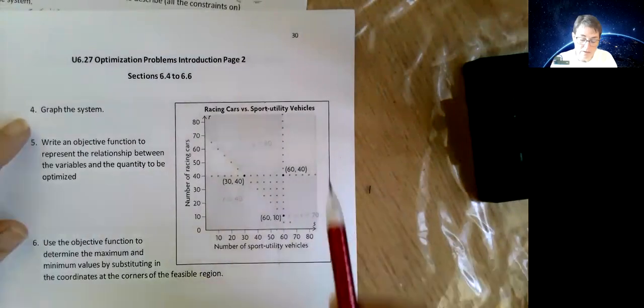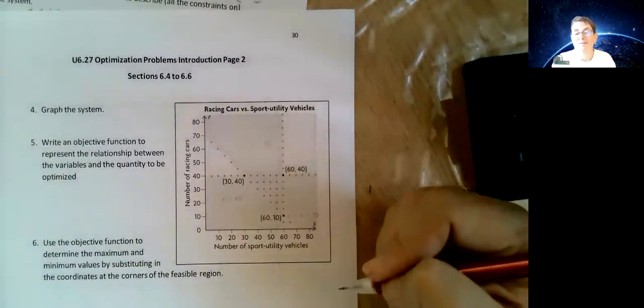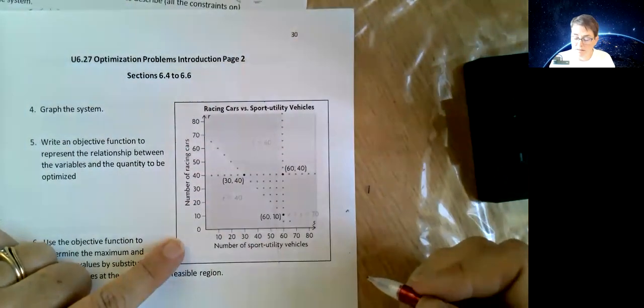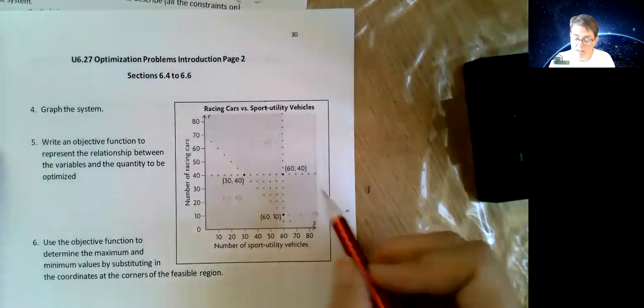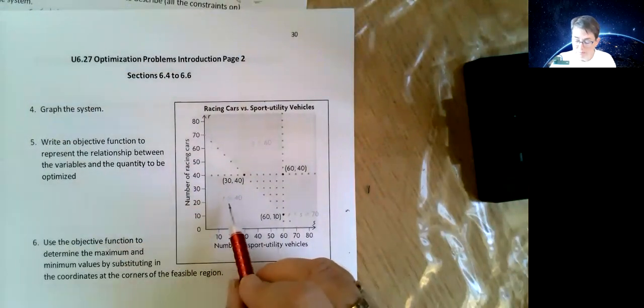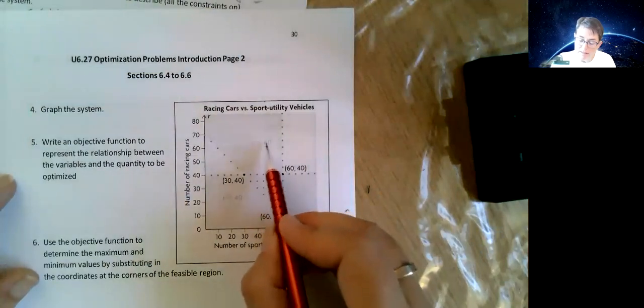Okay, so here we've got, and this was nice, I stole it from the textbook. This is your SUVs across here. This is your number of racing cars. And you can see where you've got your overlap. So, racing cars is less than or equal to 40. Your SUVs, S is less than or equal to 60.